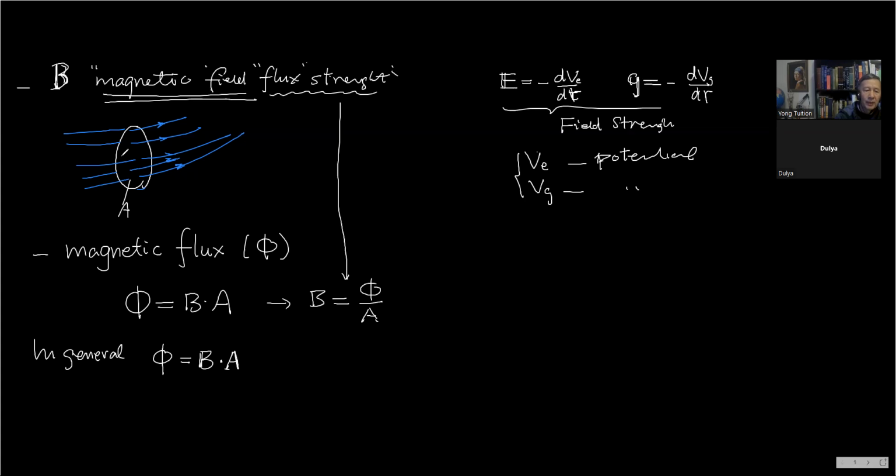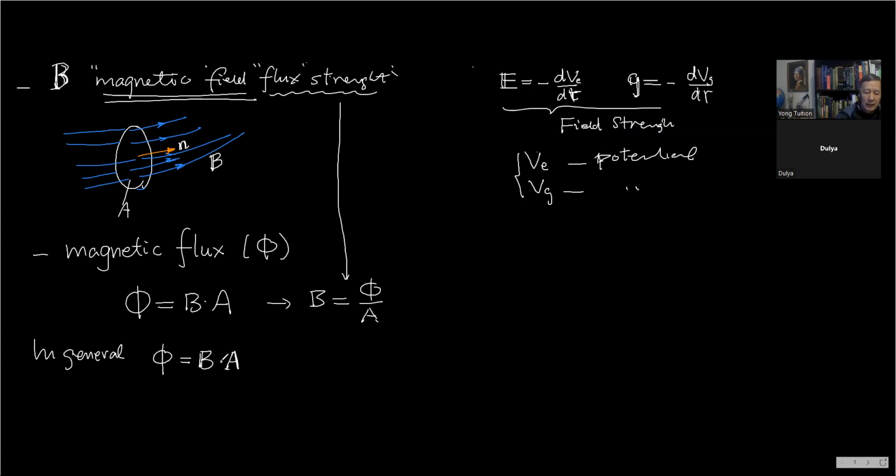Do you remember? This is a unit vector, which is perpendicular to the A. This is a unit vector. This is a directional vector, and this blue colored one is B.